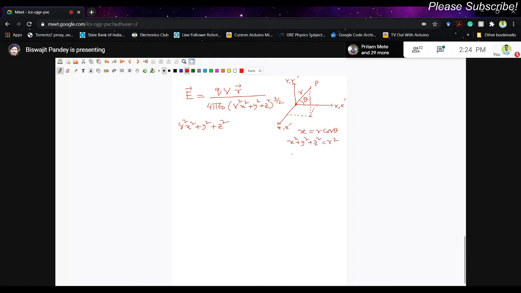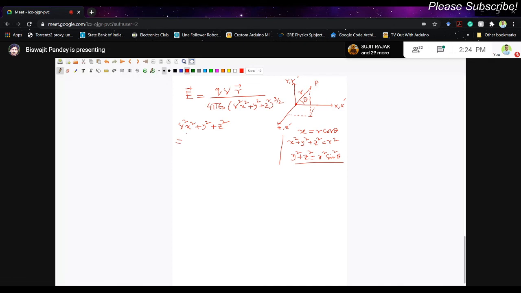That means y square plus z square must be equal to r square sine square theta, right? Because you just write down r square minus r square cos square theta, so r square into 1 minus cos square theta, that is r square sine square theta. And if we plug this here, what do we get?